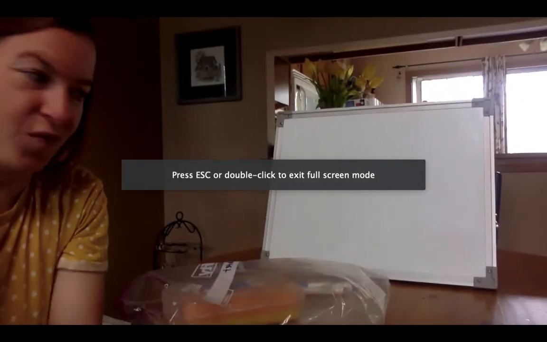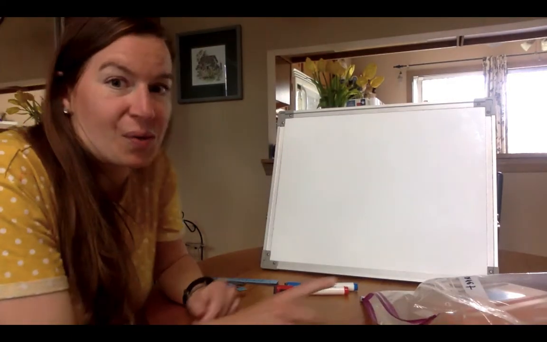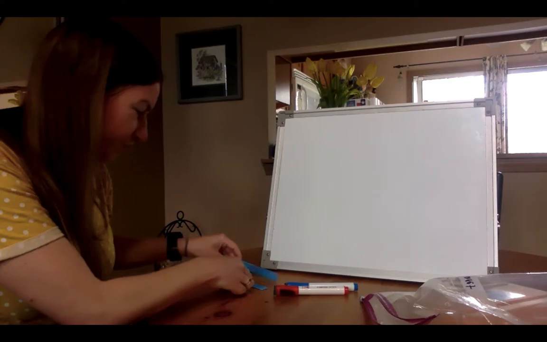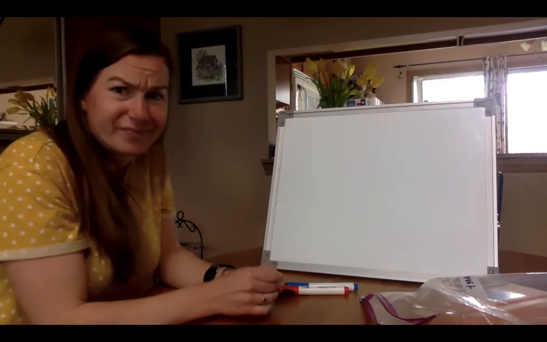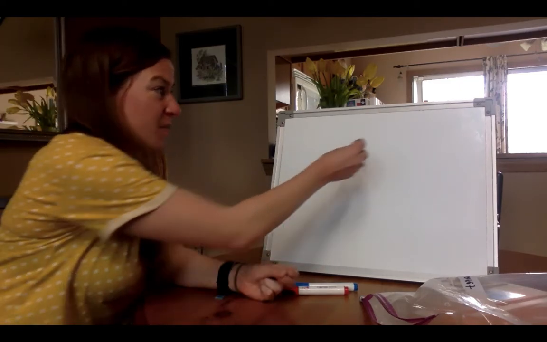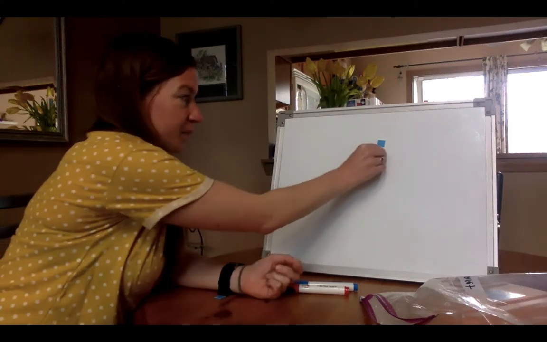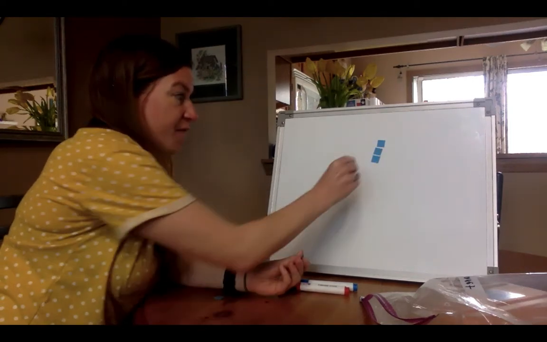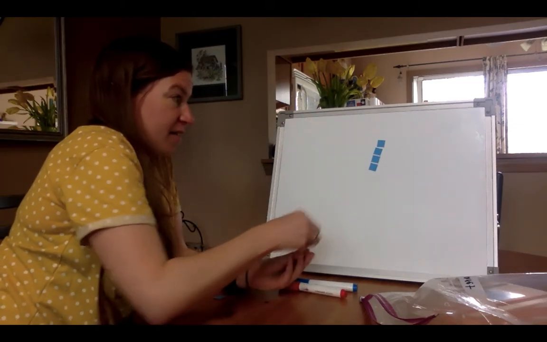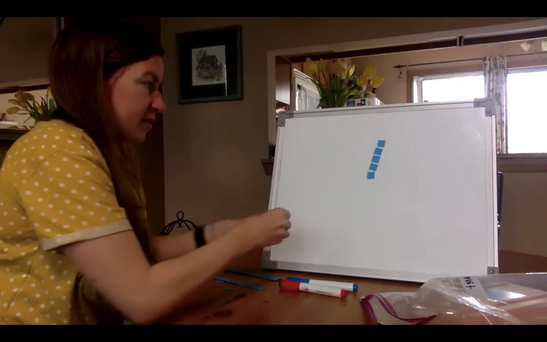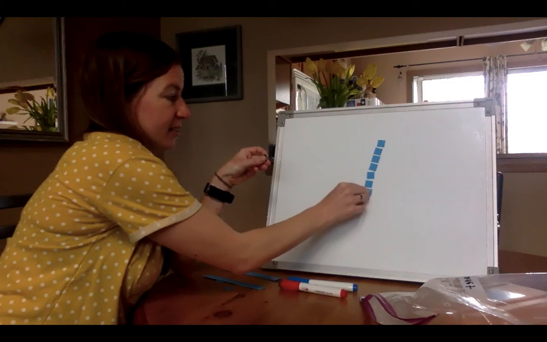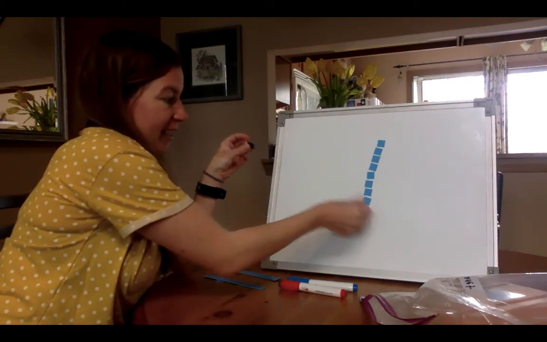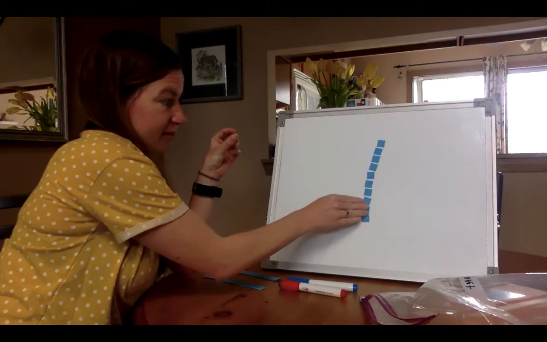Kipster's coming back over here to my board. So I want us to stop and think about how all of this works. So we can count out by ones to make a group of 10. So I've got 1, 2, 3, 4, 5, 6, 7, 8, 9, 10.